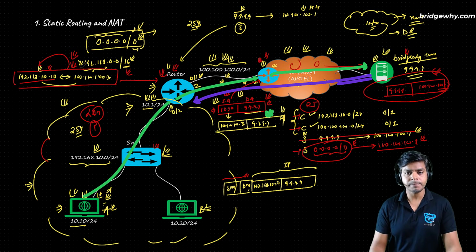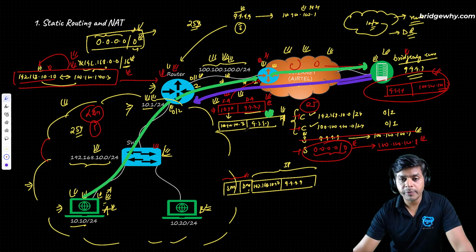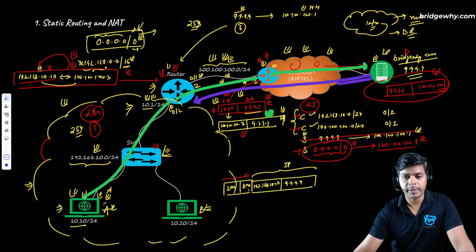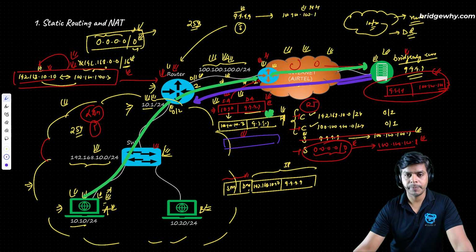Interesting, right? Now, what is the final packet which is coming back? Let me write it with the purple pen. So this address will be changed, right? The source address is going to be 9.9.9.9. The destination will be, instead of 100.3, the router will be changing it to 192.168.10.10, as simple as that.